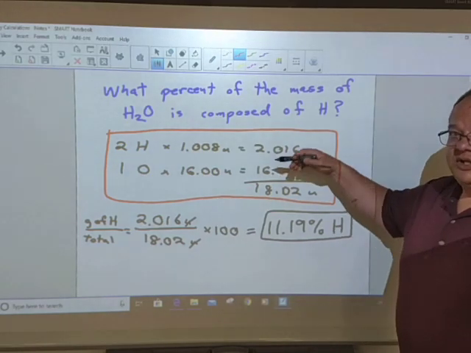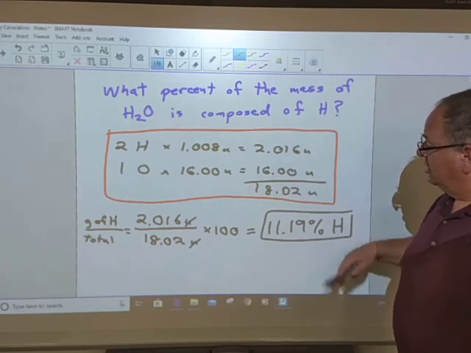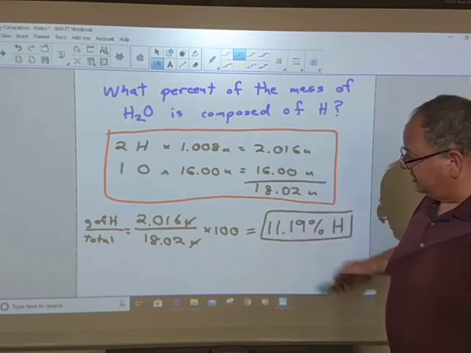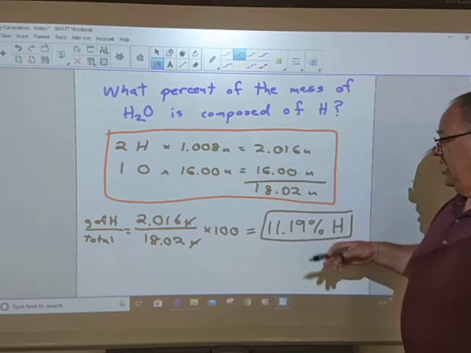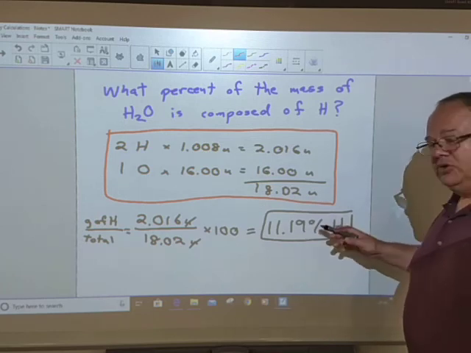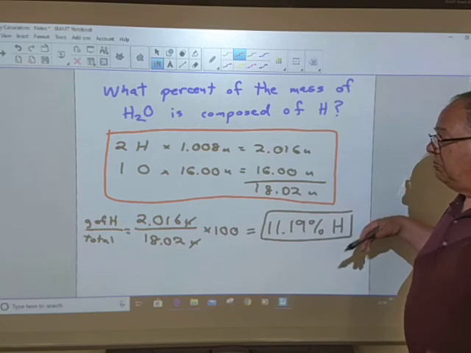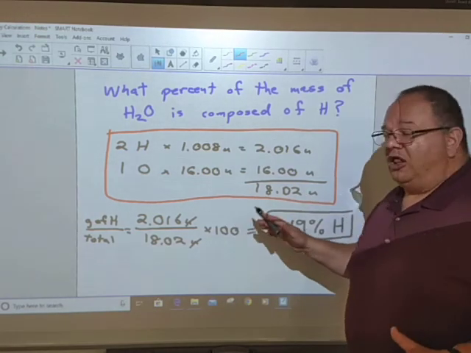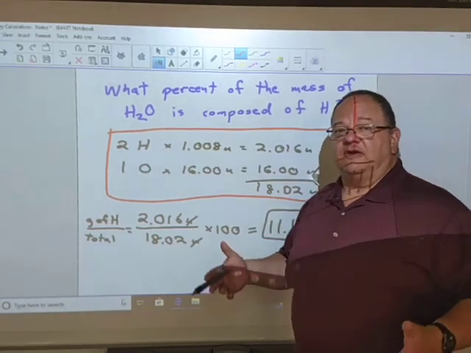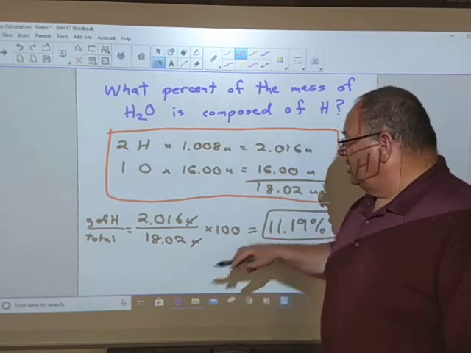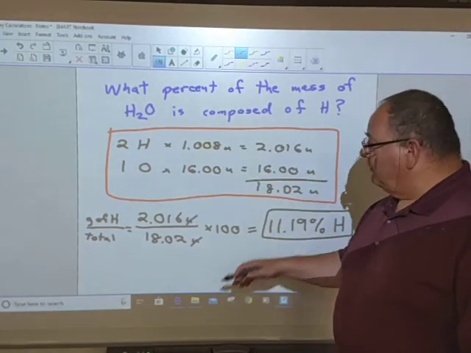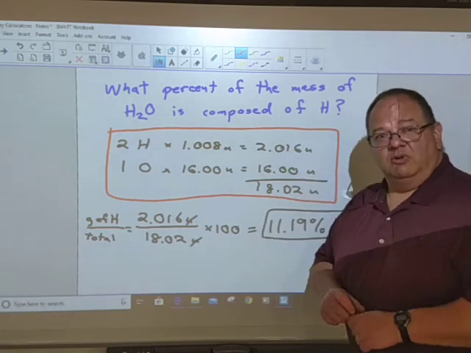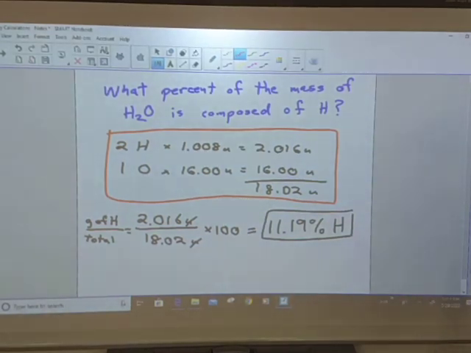Or, since I know this only has two elements, I could take 100 minus this and come up with 88.81% oxygen. So for the last element, I have two ways. I could set up another proportion, but honestly, once you have this written down, finding your percents is really simple.